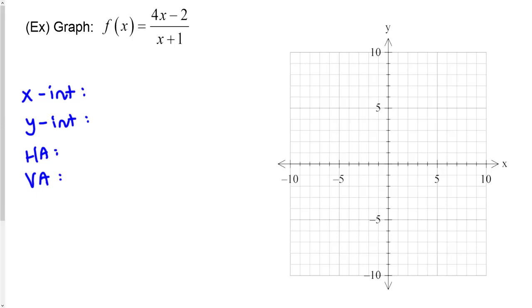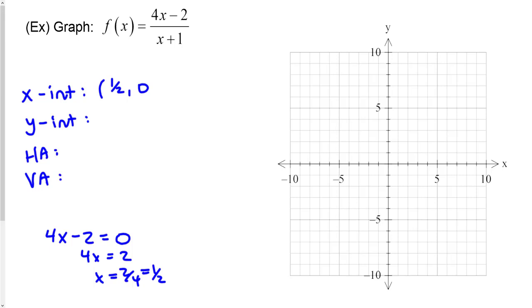The x-intercept, if you're not sure the way it's written, you could always take the numerator, 4x minus 2, set it equal to 0 and solve. So 4x equals 2, or x equals 2 over 4, which is 1/2. So we have an x-intercept at 1/2, 0. The y-intercept, the constants are -2 and 1, so it's going to be at 0, -2.